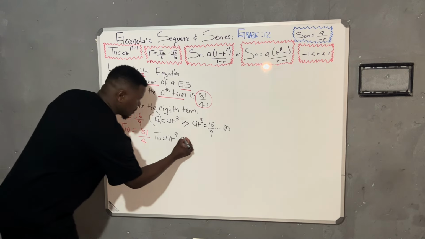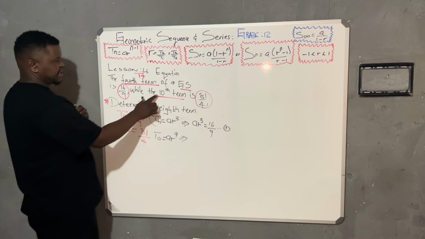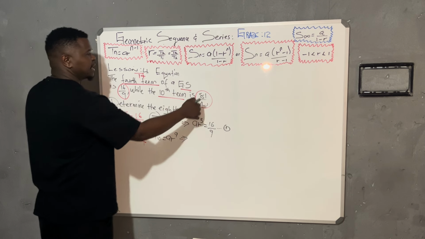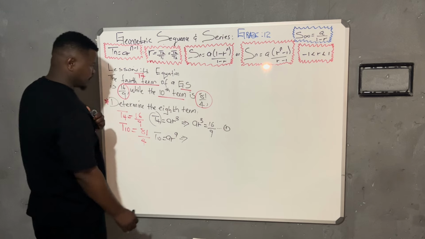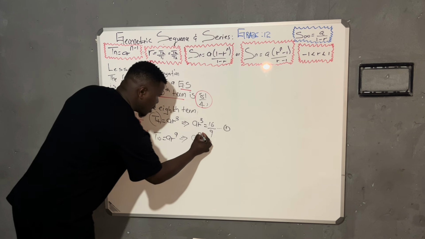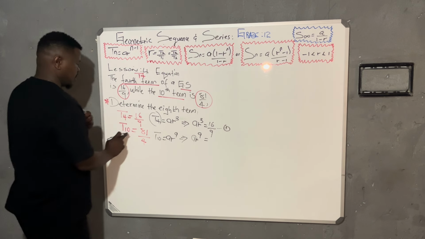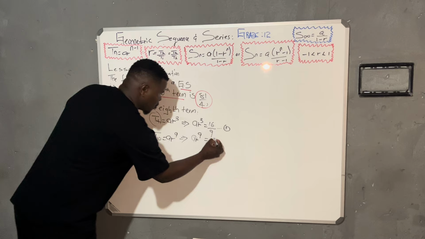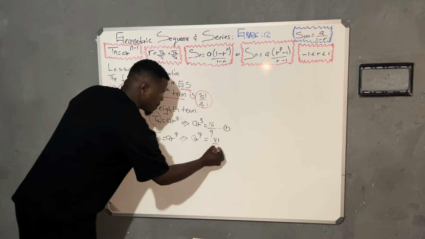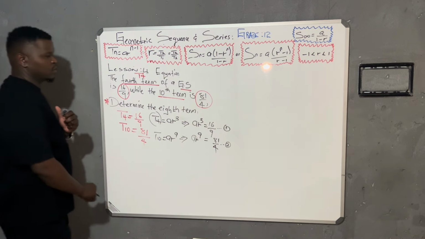Now, let's take it from this rough equation to a proper equation. T10 is stated to be 81 over 4. So ar^9 is equivalent to T10, which is 81 over 4, and I label this as equation number 2.